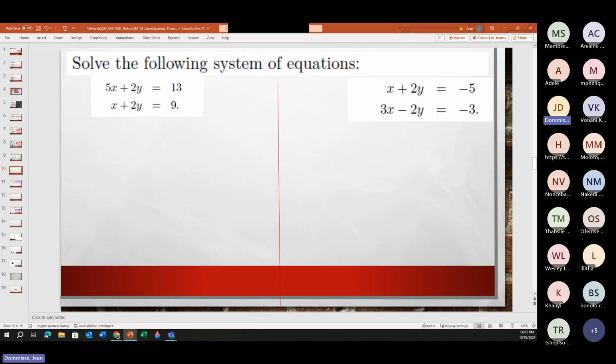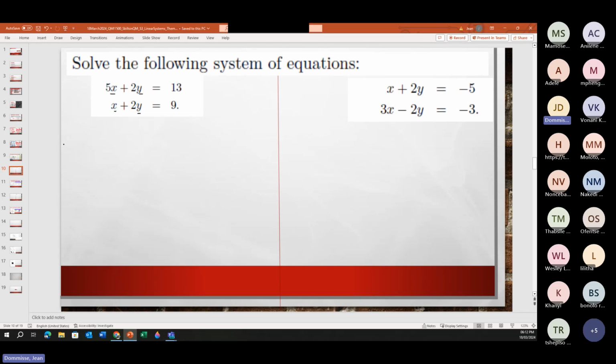So let's quickly look at a few examples. Now, yes, we're sitting with two variables. We need to solve that. It's going to be the same on our other side. There's a few ways that we can do this.